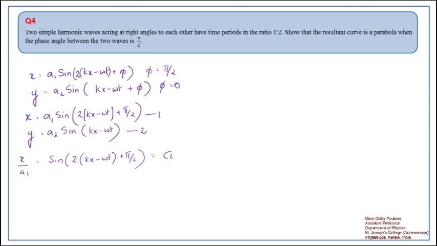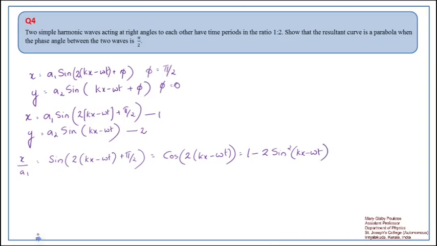So this can be reduced to cos of 2 times kx minus omega t. Now this is similar to cos 2 theta. What is cos 2 theta in terms of sine theta? It can be written as cos 2 theta is equal to 1 minus 2 sine square theta, right? So 1 minus 2 sine square of kx minus omega t.